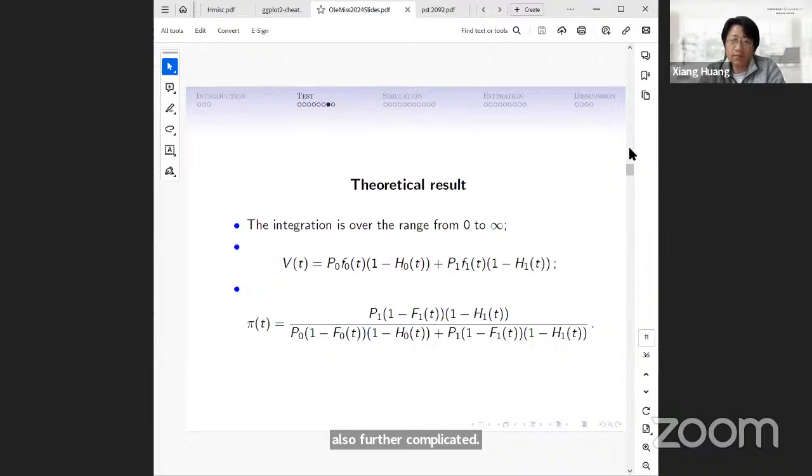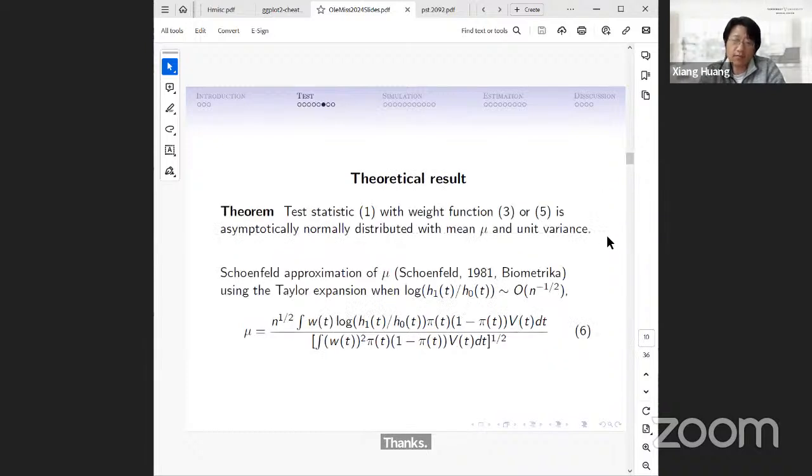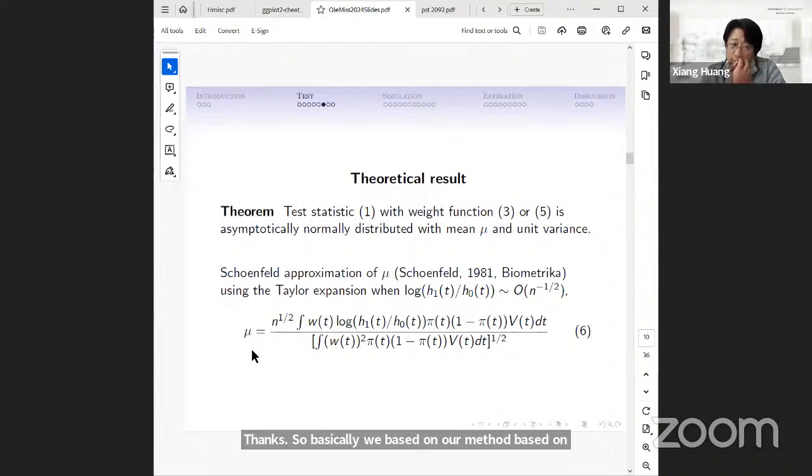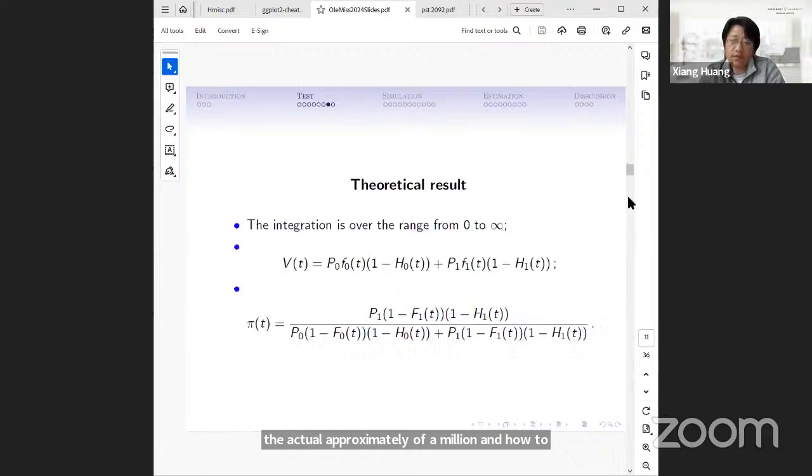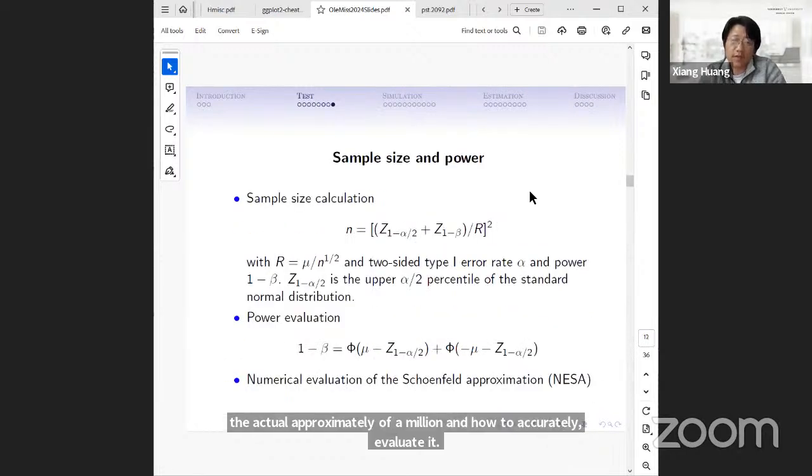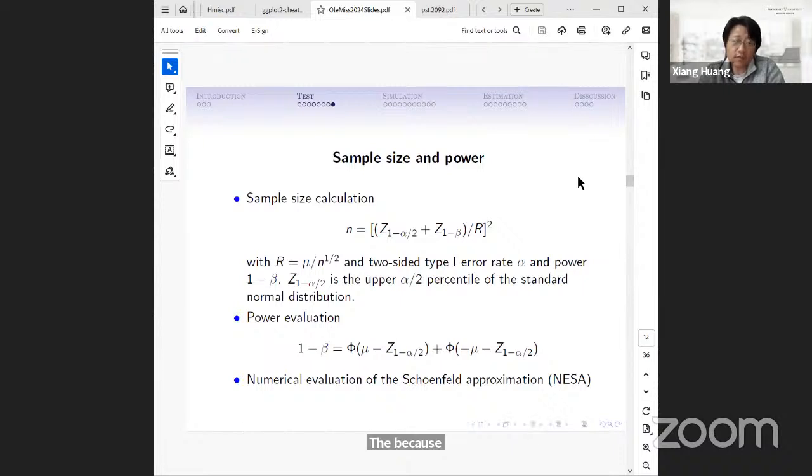Okay. So basically, our method is based on these results. We know the approximation of mu, and the question is how to accurately evaluate mu, because sample size calculation and power evaluation depend on the calculation of mu.